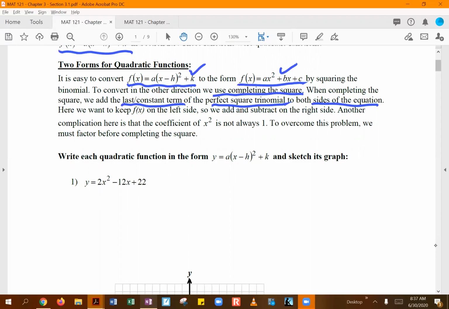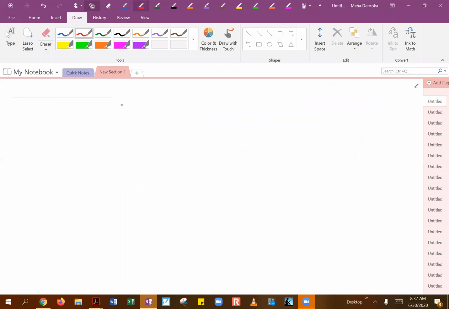Now, we will not be able to do that in this case, because normally when you are completing the square, and let's say you have something like x squared plus 4x plus 5 equals 7. If you had an equation of this form, then we would take our first term and the middle term, and we would try to make that into a perfect square trinomial.